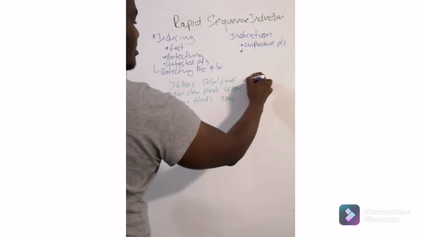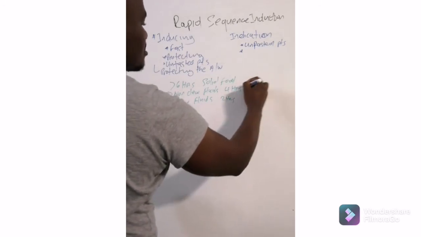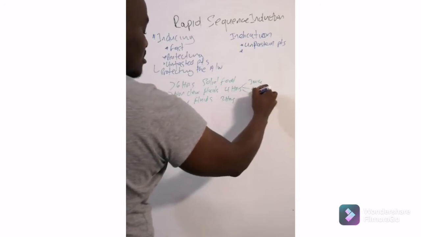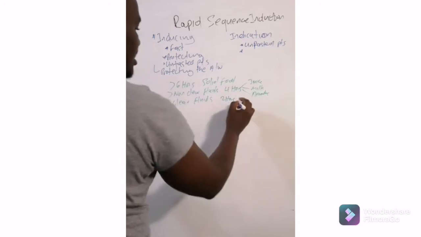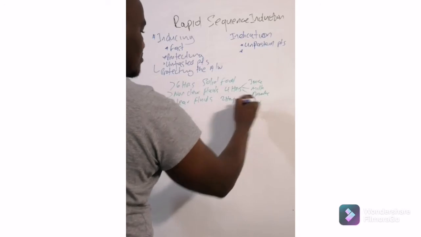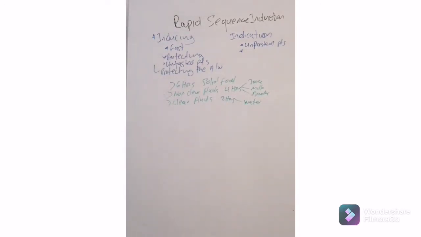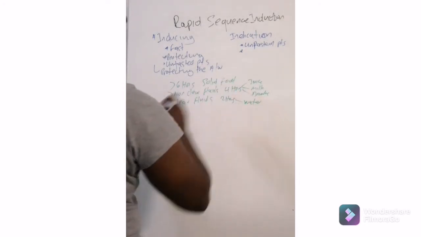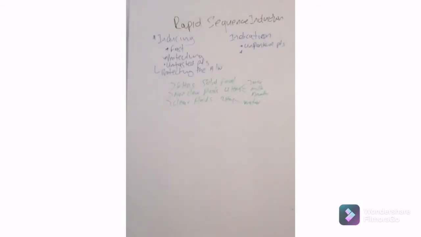Non-clear fluids are things like juice, milk, and your other drinks, and clear is like water. So this is the fasting protocol. This is how patients should be fasted. If you've got a patient that has not had anything for the past 6 hours, you can regard that patient as a fasted patient.